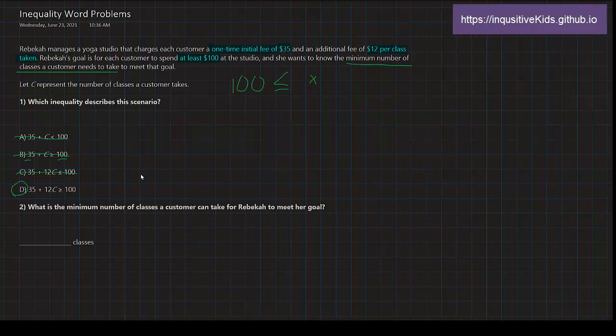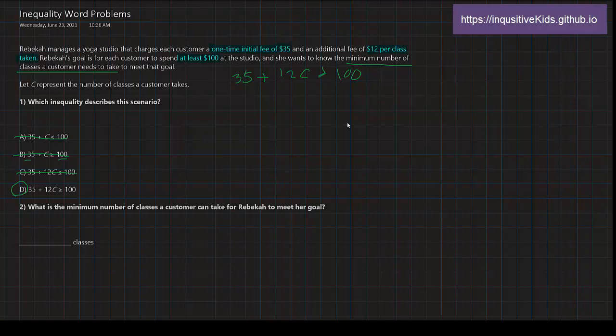And 2, what is the minimum number of classes a customer can take for Rebekah to meet her goal? Now, all we have to do is solve for C. I'm first going to copy the inequality down, which is 35 plus 12C is greater than or equal to 100. It's basically the same thing as solving for a value in an equation.